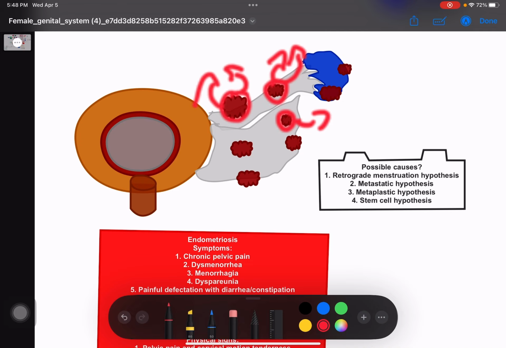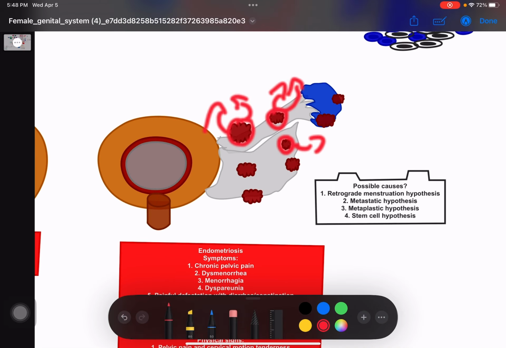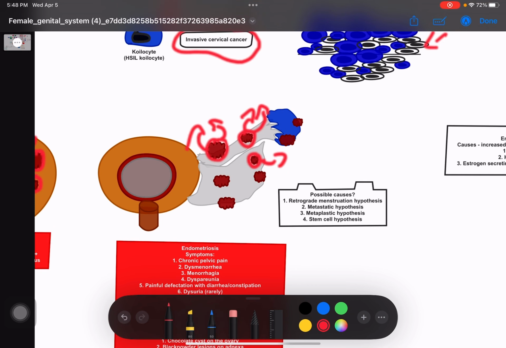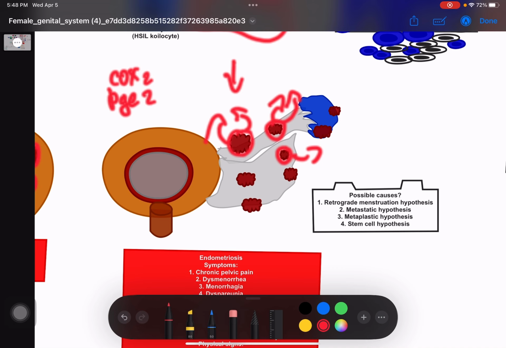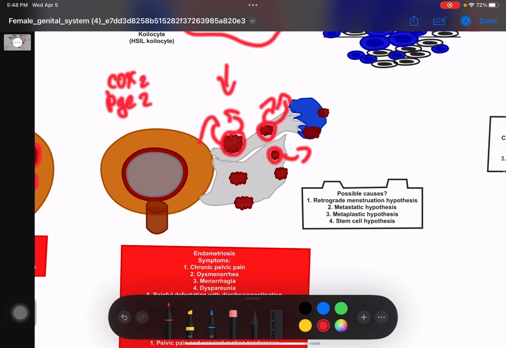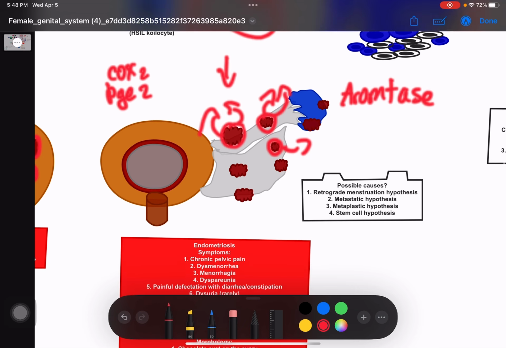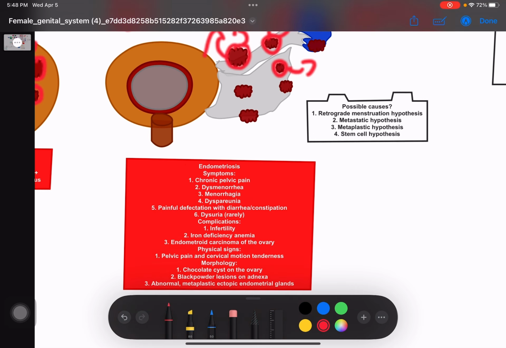So one of the management methods for endometriosis is the use of COX-2 inhibitors such as NSAIDs, which will decrease the inflammatory processes due to the PGE2 expression from those endometrial tissues. And the second one is aromatase inhibitors, which can be used to inhibit endometrioid tissue from creating more estrogen, right?